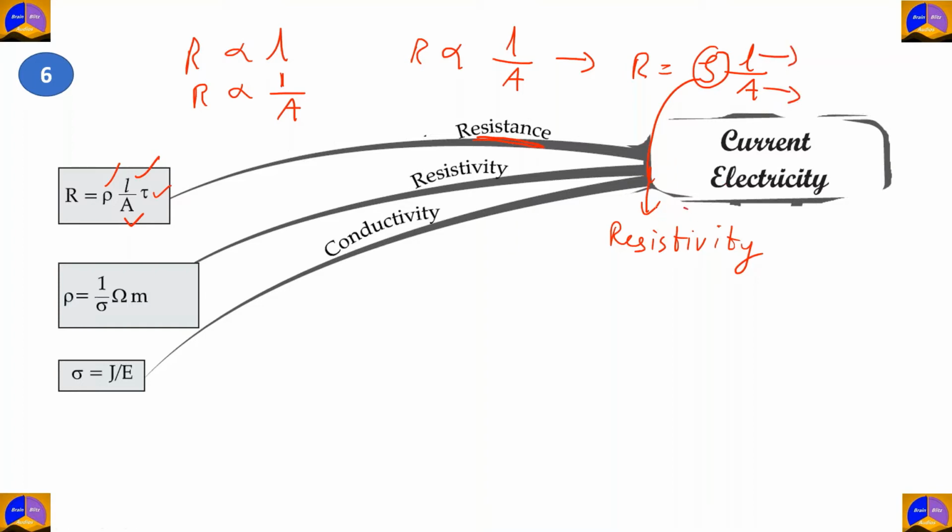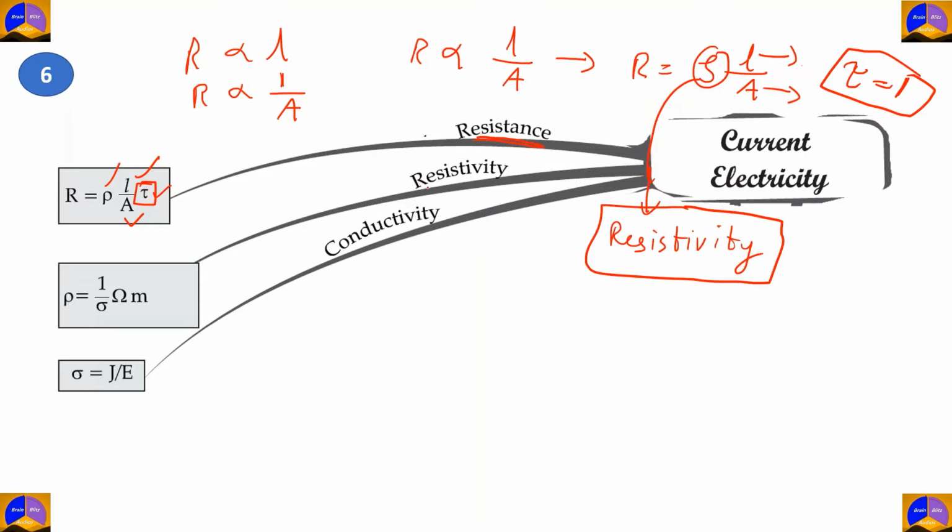And the value of resistivity would change according to the nature of the conductor or what the conductor is made of. Now, in our formula, we find there's the use of tau or relaxation time. In usual parlance, the value of tau is equated to 1. So the general formula that we'll be using is R is equal to rho L by A.